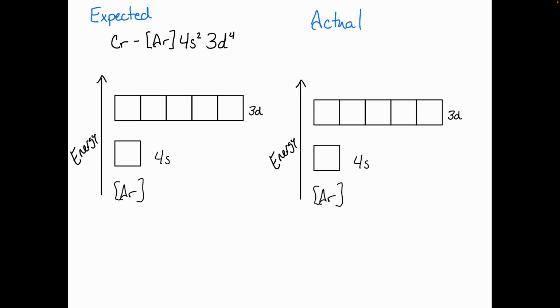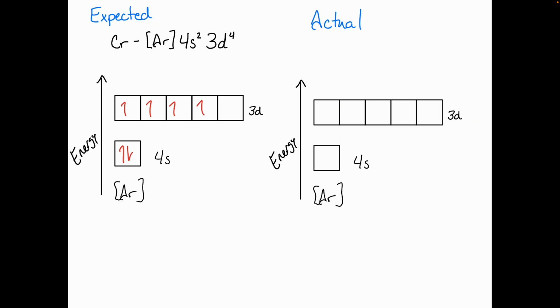What we would expect is for chromium to have a fully filled 4s orbital, and then 1, 2, 3, 4 electrons in its 3d.